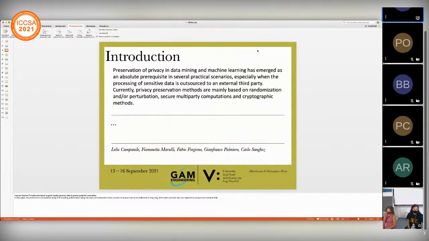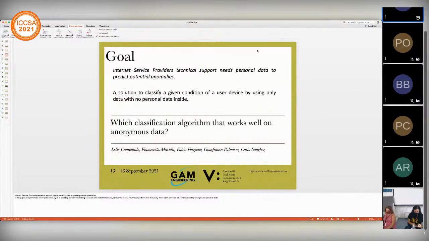And we also know that there are a lot of methods to help us preserve privacy. There are a lot of algorithms to do the randomization or perturbation of the data set. But what about performance? What about the success rate of prediction?